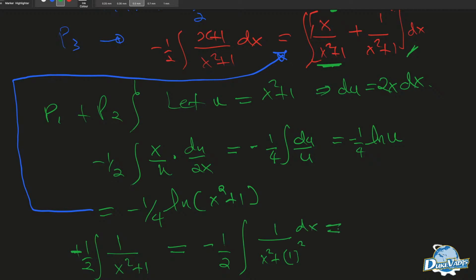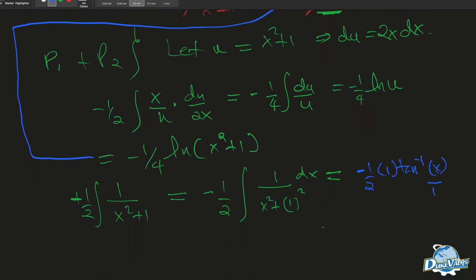And when we integrate using the tan inverse expression, we are going to get minus half, then into bracket 1 tan inverse of x over 1. So this eventually gives us minus half tan inverse of x. Right, so we are able to break the integration into pieces.